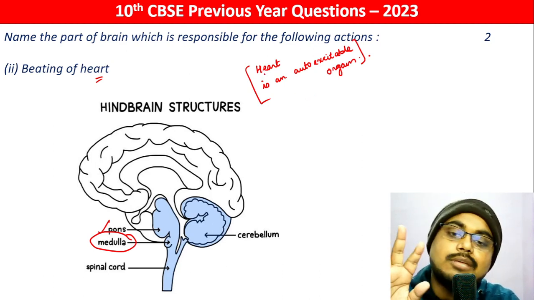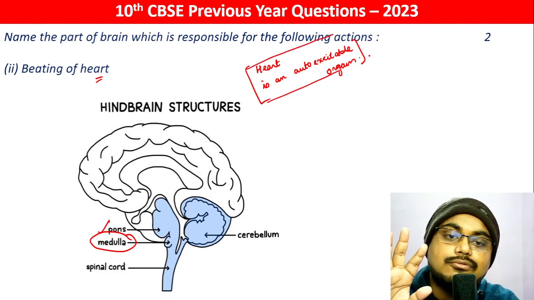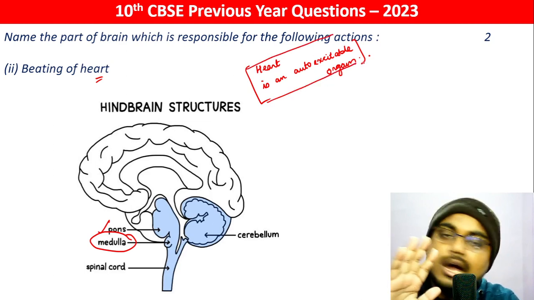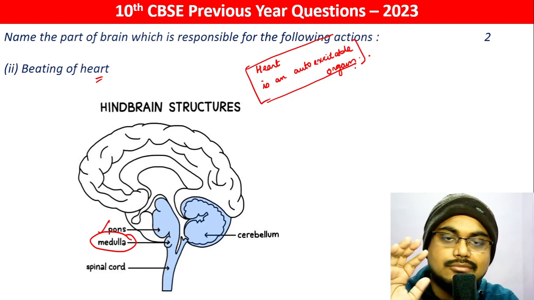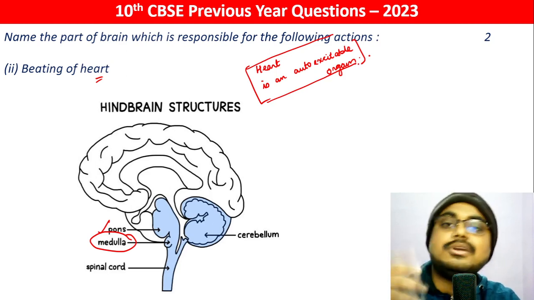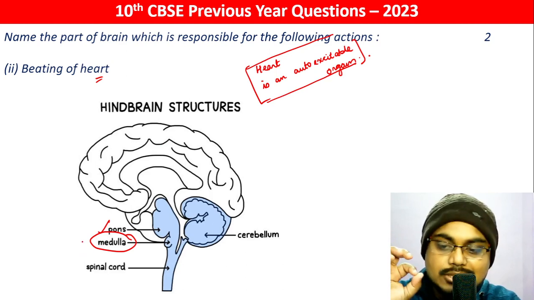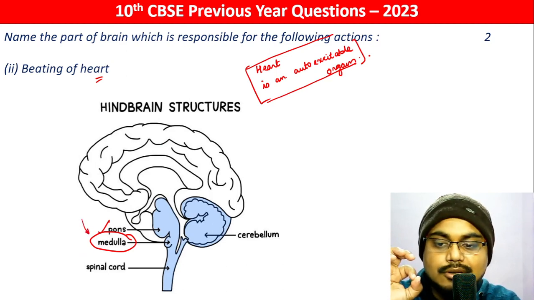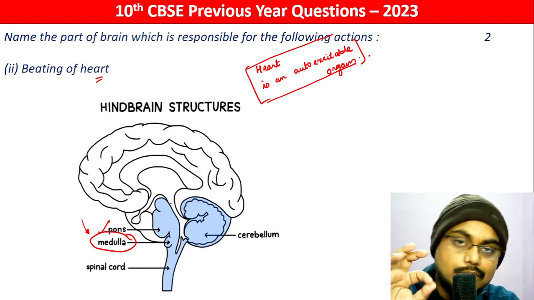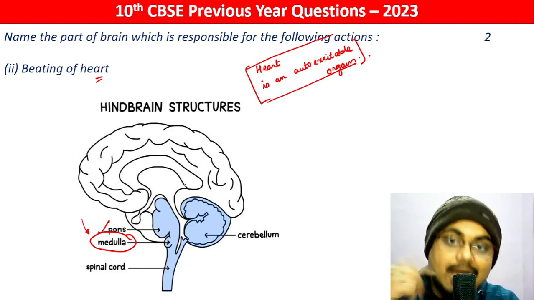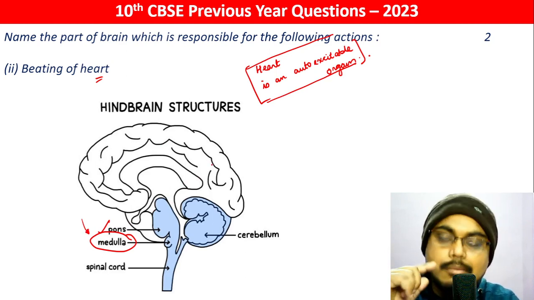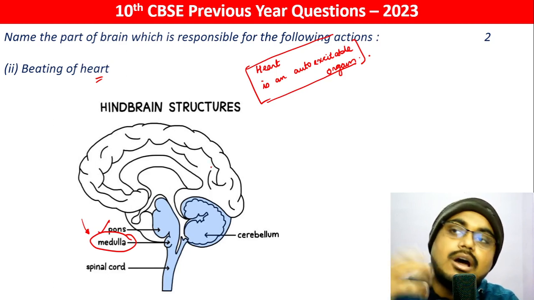At the same time, for the regular beating of heart, it doesn't need the brain. But yes, for heartbeat increases, one of the controls is done by the medulla. And even the adrenal gland also has a role to play when the heart has to beat faster.